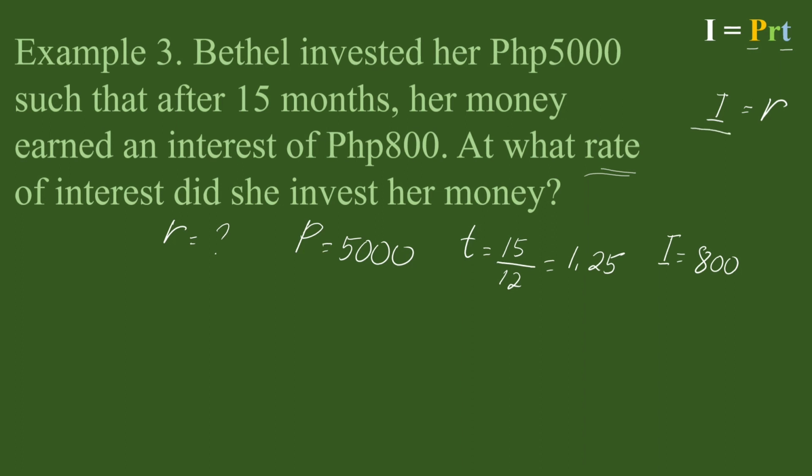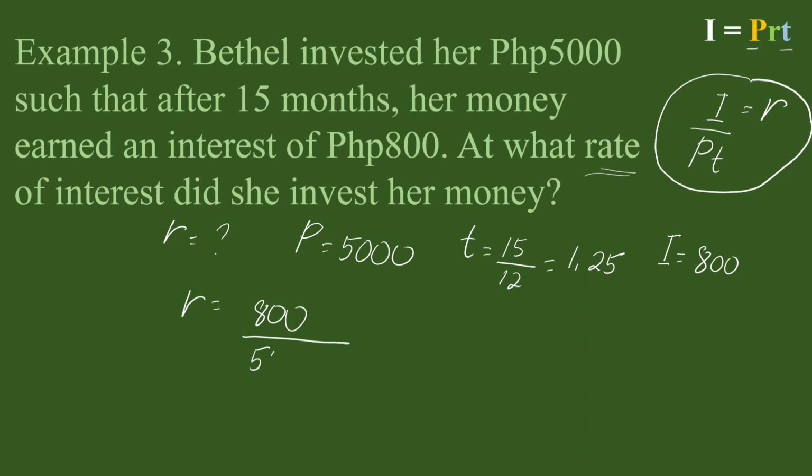R equals I divided by PT. Okay? So R is equal to 800 divided by 5,000 pesos and the time is 1.25.